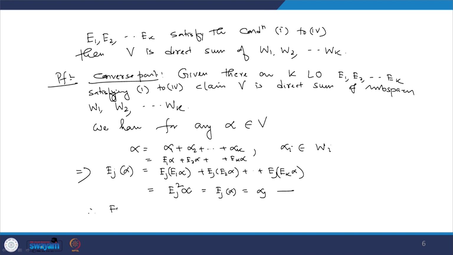So, for any expression of the form 0 equal to alpha 1 plus alpha 2 plus alpha k, this implies that Ej operating on 0 equal to Ej alpha 1 plus Ej alpha 2 plus Ej alpha k.